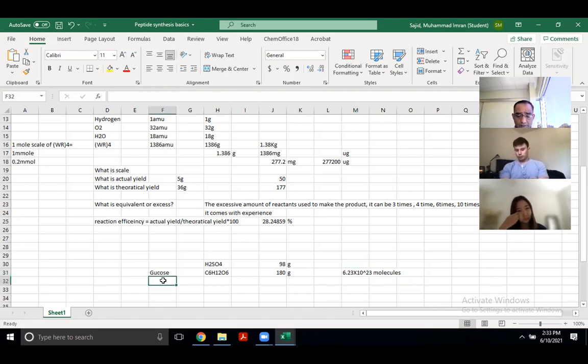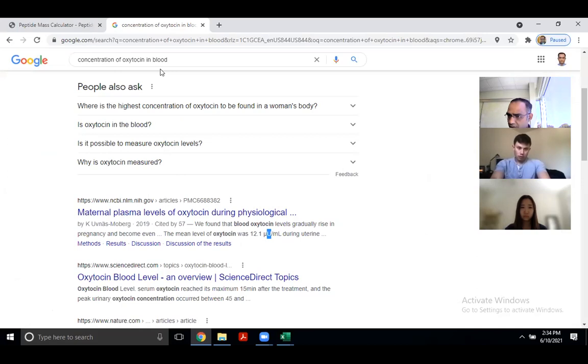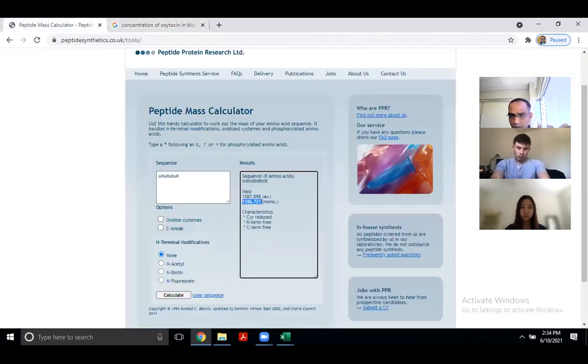So if I ask you now, let's say we have a peptide which is called CGKRK. I want you to tell me the mass of 1 mole of CGKRK. What will you do? You will go to the peptide mass calculator and write CGKRK here.